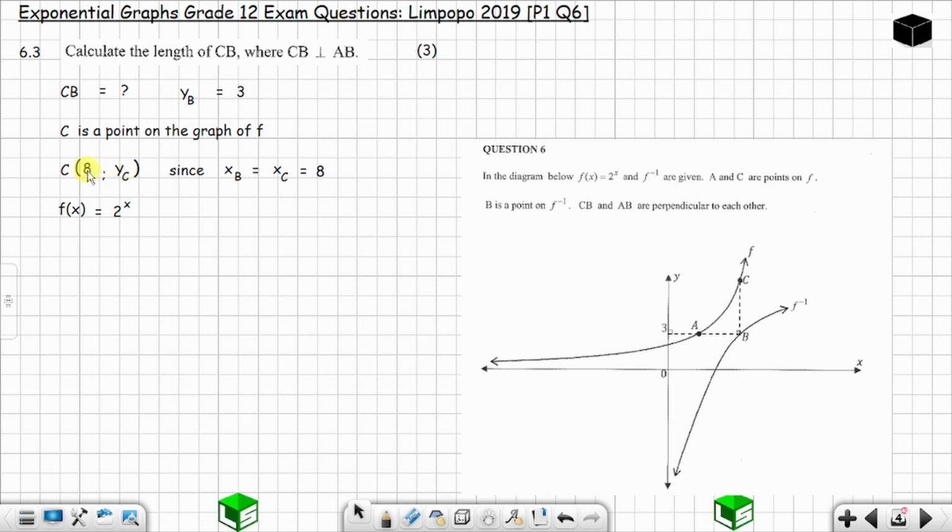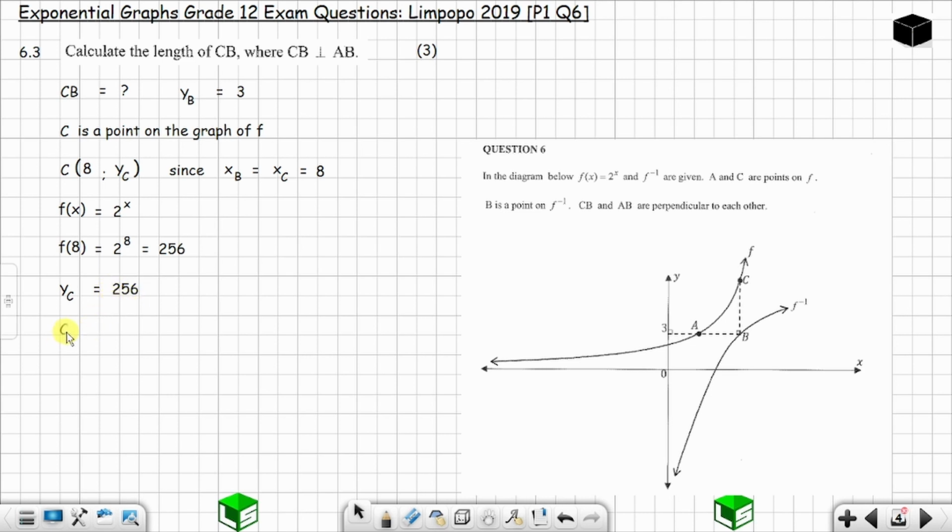If I take f of 8, I'm going to get the y-coordinate of C. f of 8 is equal to 2 to the power of x, x is 8, and this is equal to 256. So this is the y-coordinate of the point C. So the y-coordinate of the point C is equal to 256.